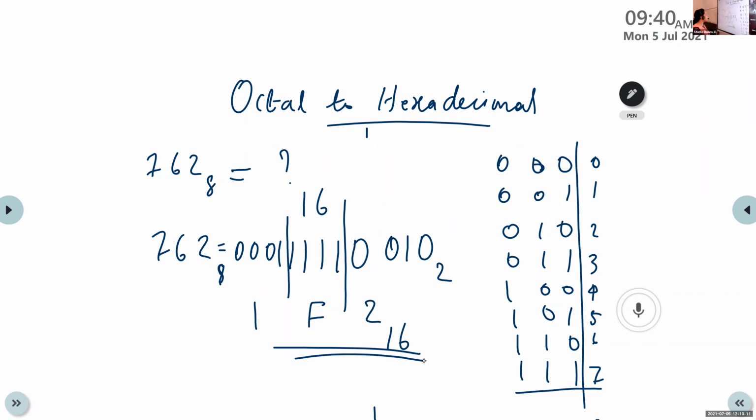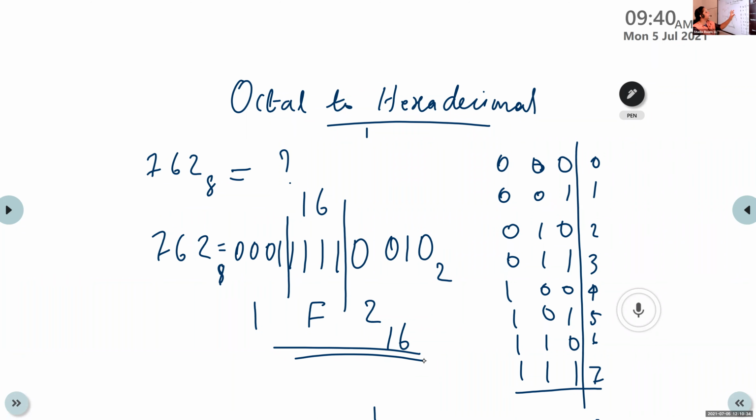So for converting an octal number to a hexadecimal number, we need 2 tables, the 3-bit table and the 4-bit table. First we convert that octal number into binary using which table? The 3-bit table. Octal to binary conversion needs the 3-bit table.